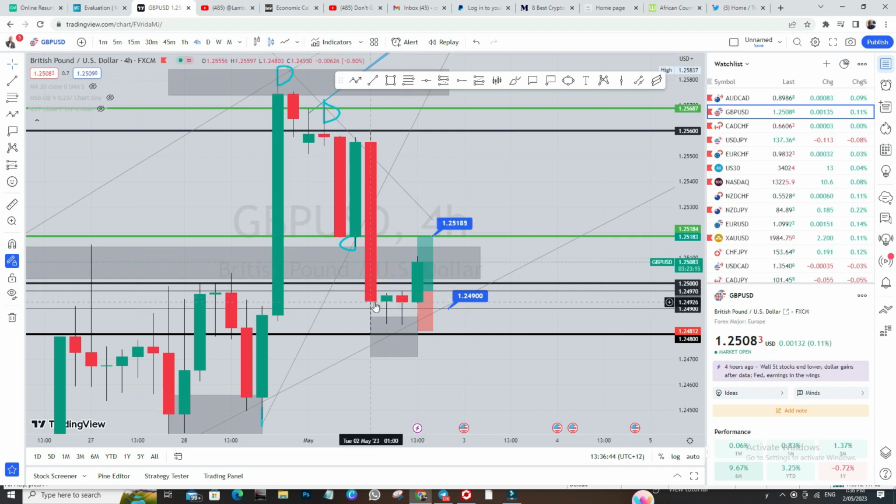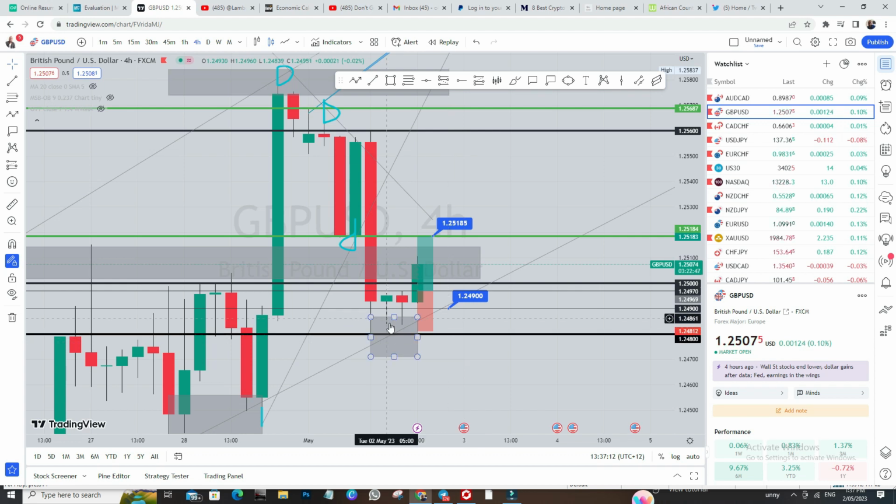After this bearish engulfing candle, we could see that the buyers were already coming into the market. This candlestick showed an indication of buyers, because price refused to break past this psychological number, this line.